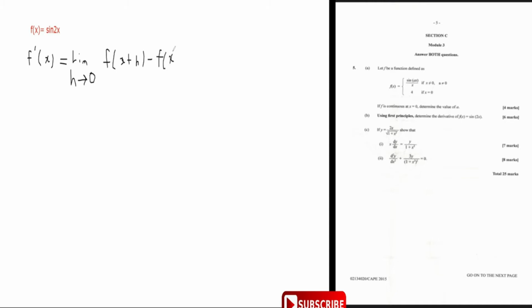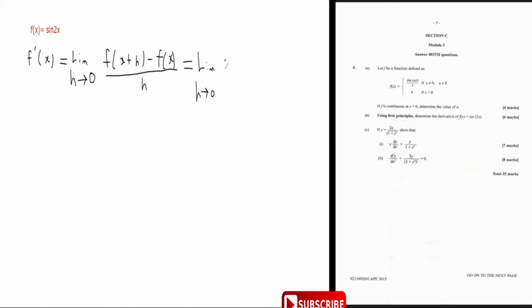That's how we find the first derivative. All right, so let's plug this in now. It's the limit as h tends to 0 of sine.